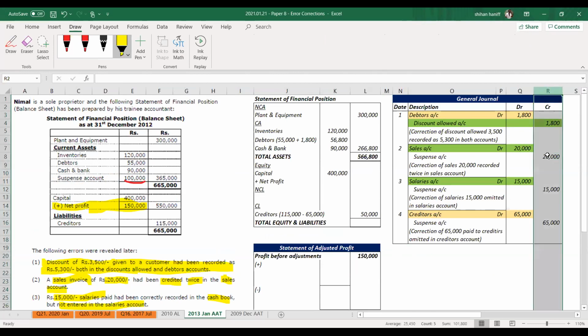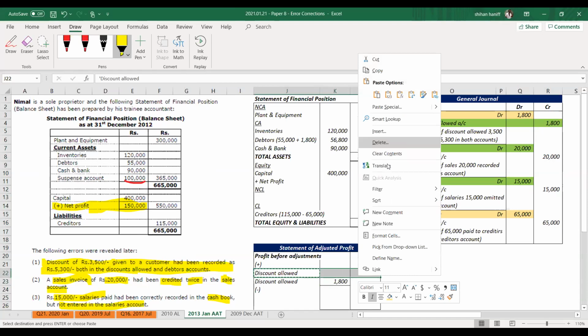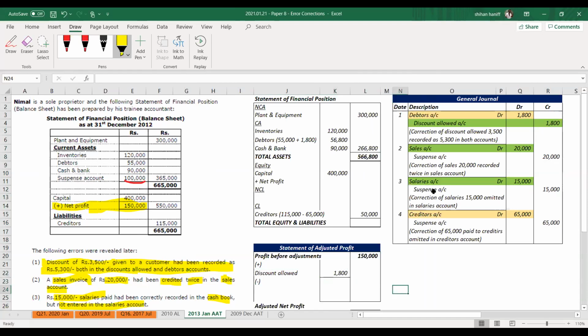Income or expense credit means profit increase. So there is a discount allowed, 1,800, which will increase the profit. Discount allowed credit means expenses decrease. If the expenses decrease, the profit will increase.